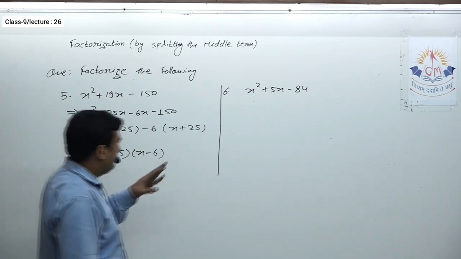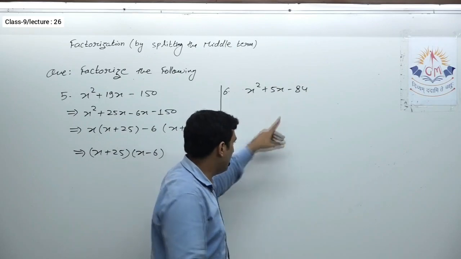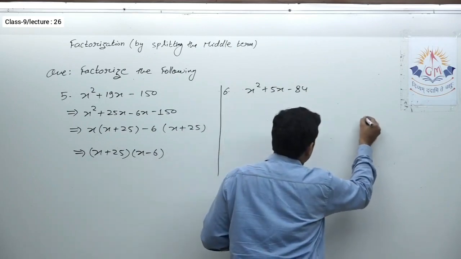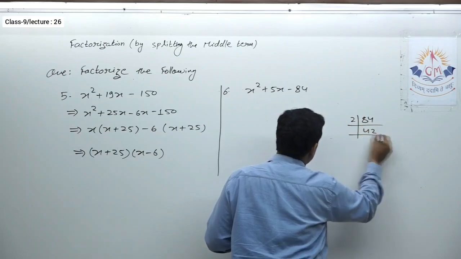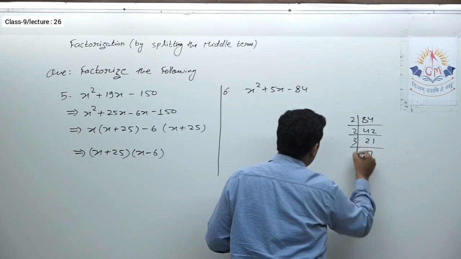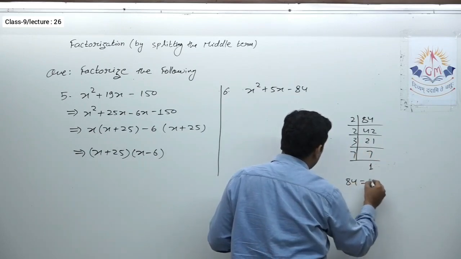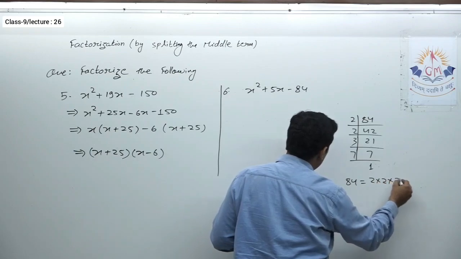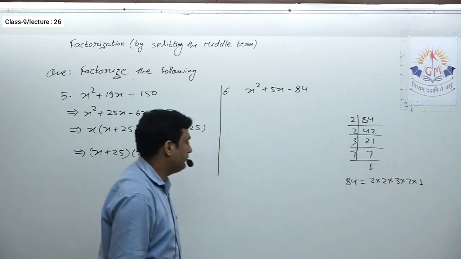Okay, so the coefficient of the first term is positive, it is in standard form. Find the factors of 84: 2, then 42, then 2, so 21, then 3, 7, 7, 1. So the factors of 84 are 2 multiplied by 2 multiplied by 3 multiplied by 7 multiplied by 1.